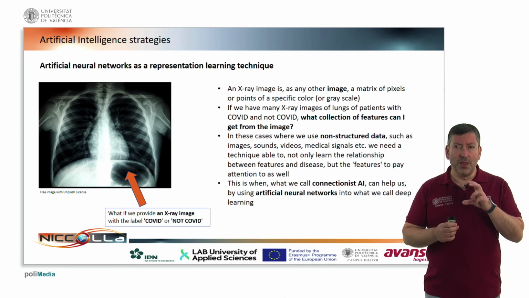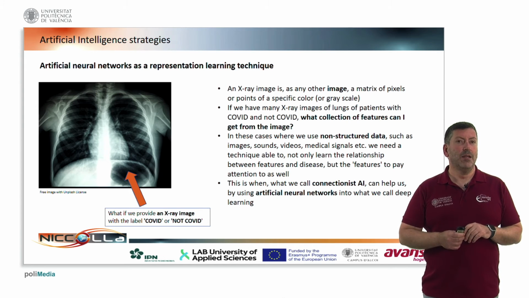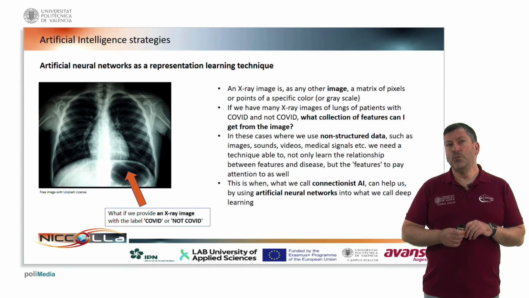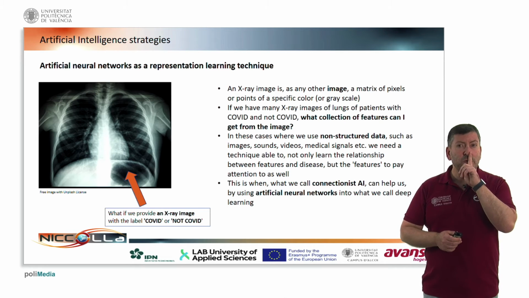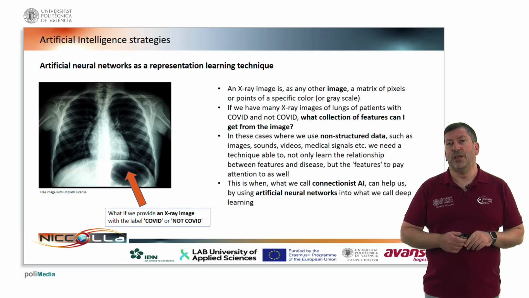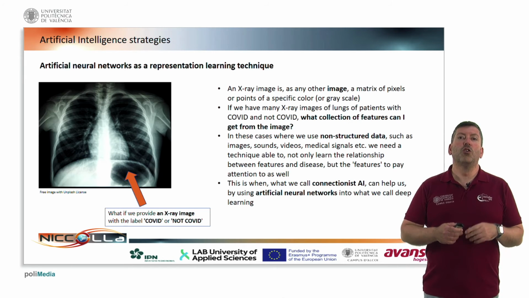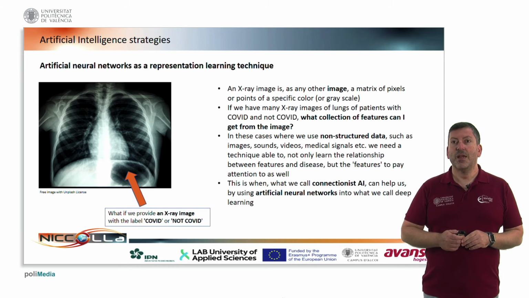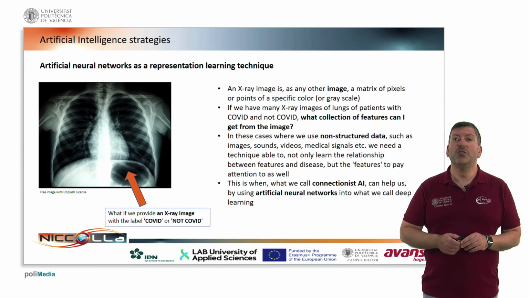Okay, so the model has to decide automatically what to pay attention to, what are the main features, without human intervention. Okay, this is the idea. This is when what we call connectionist AI can help us by using artificial neural networks in what we call deep learning.